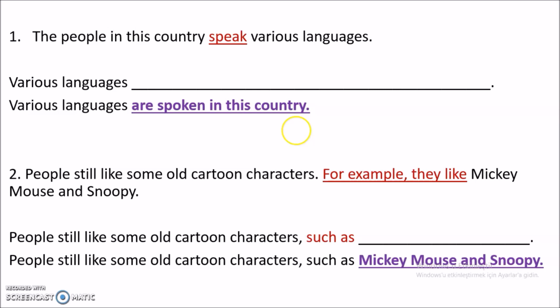Basically, you gave examples in both sentences. With for example, I used a sentence. With such as, I used nouns and noun phrases. This is how you can change the grammar structure but keep the meaning the same.